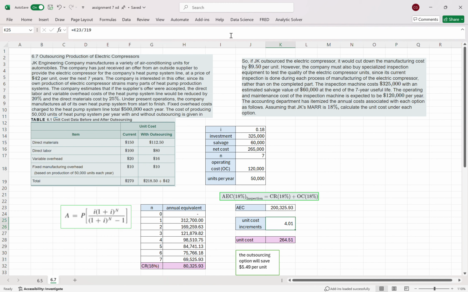Then to find the unit cost increment for the special conditions, I divided the annual equivalent cost by the units sold per year, and I got $4.01.